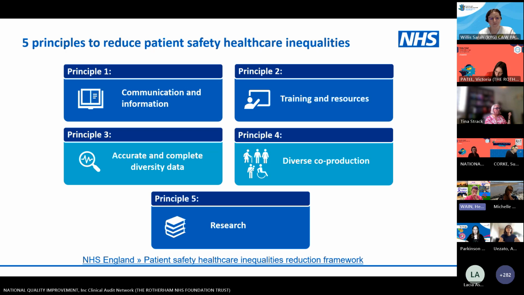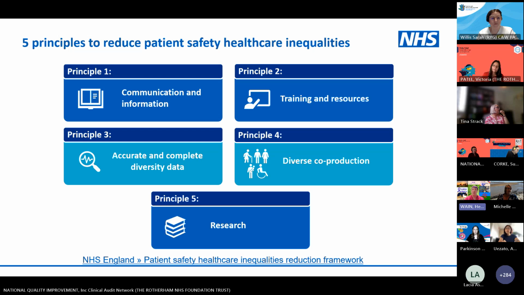Looking at number 3, it's really important that we have accurate and complete diversity data for all aspects of healthcare. And again, in the clinical audit scenario, that's something very much that can underpin some of the work that you do and helps us to then understand better where those inequalities might exist, and then we can start to address them.